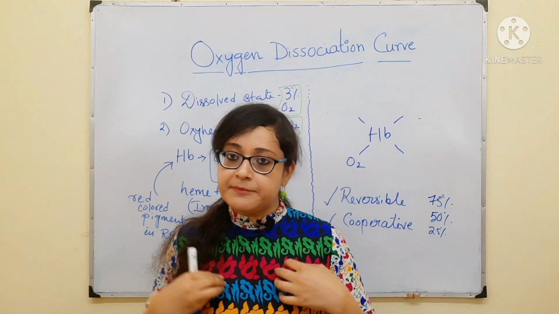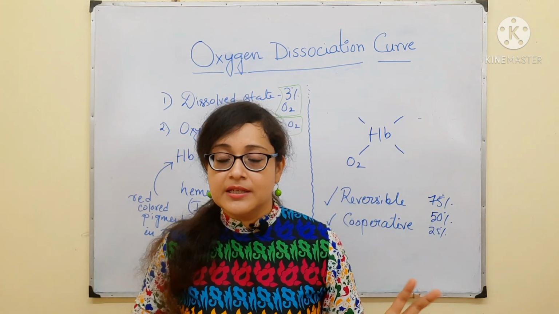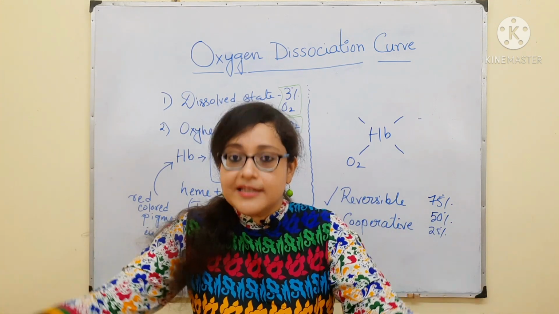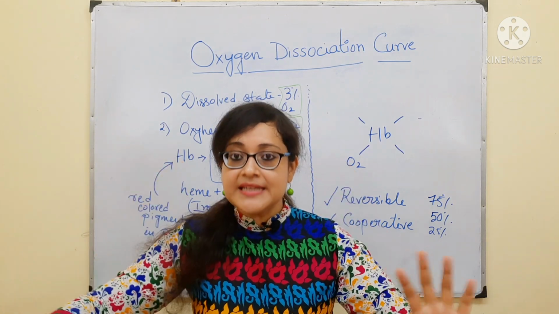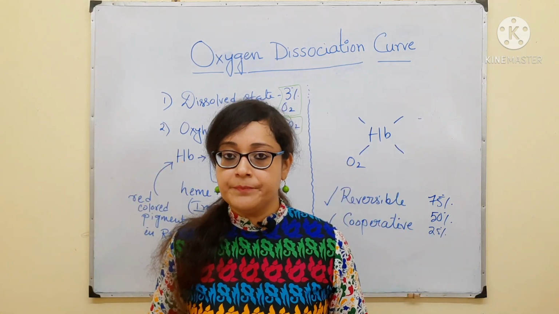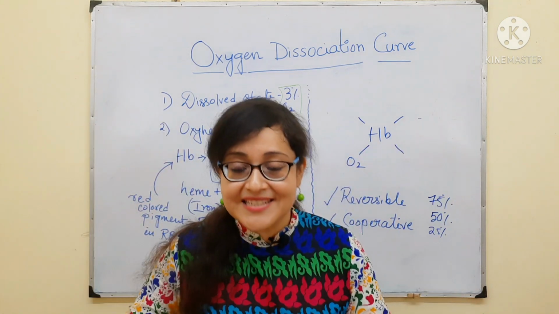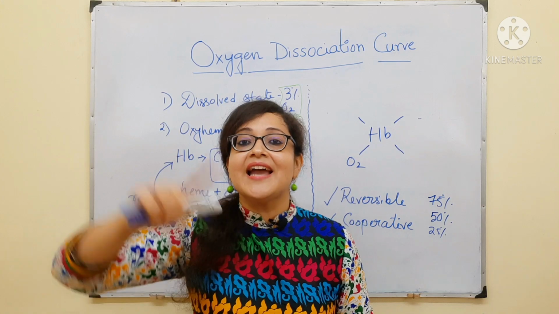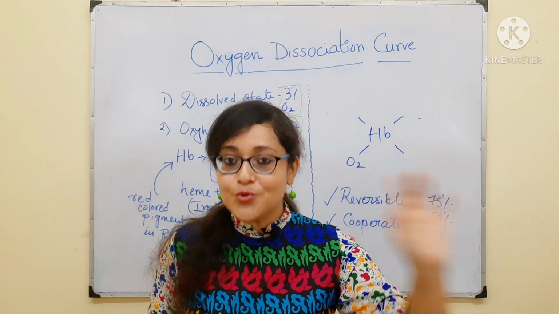Because let us assume I am the hemoglobin and I have reached my destination. Then I will keep all my luggage there, so I have to release the oxygen molecules. Oxygen molecules should be dissociated from the hemoglobin on reaching the different tissues.